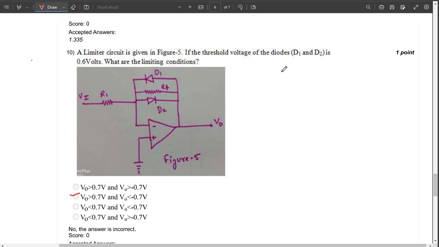As the output is connected only at the negative terminal and the positive is grounded, we have negative feedback, right? Am I correct? Yes. Then we can apply the virtual short condition. Apply it, and then tell me what you are getting.